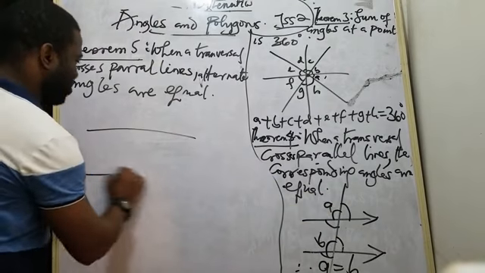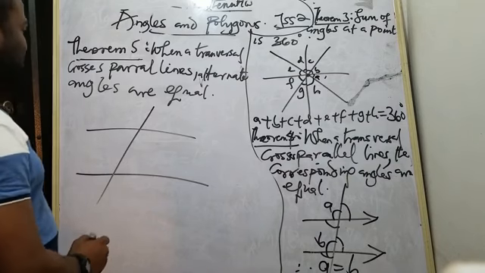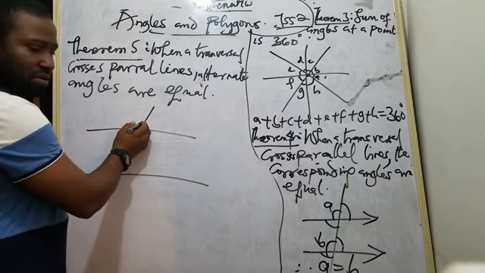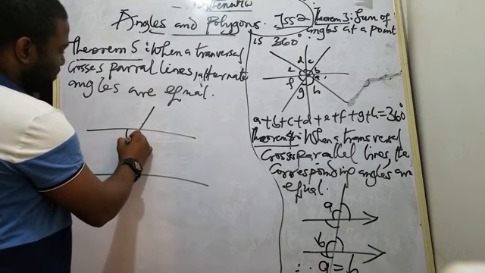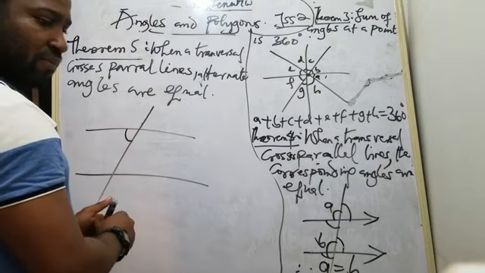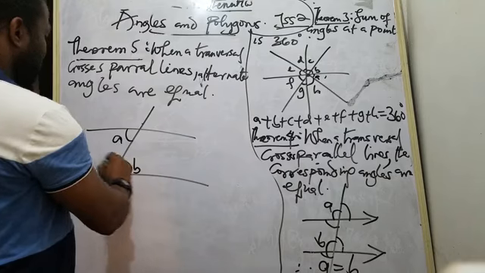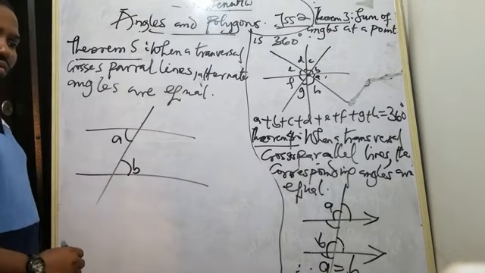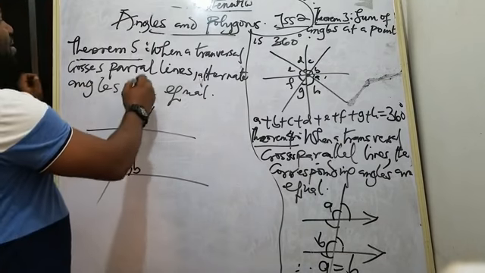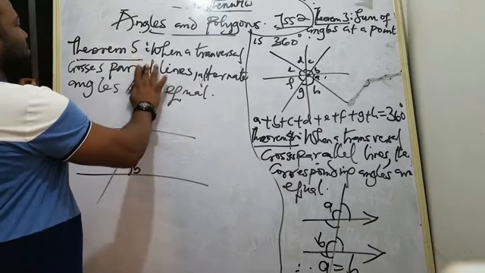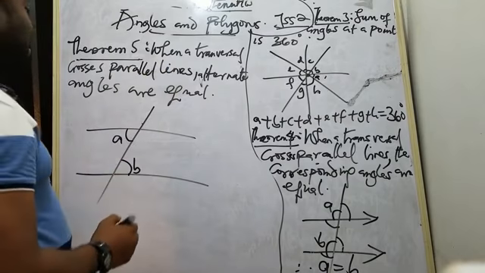For instance, if you have something like this, and this is A and this is B, parallel lines.